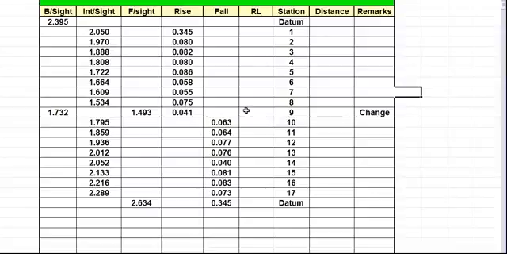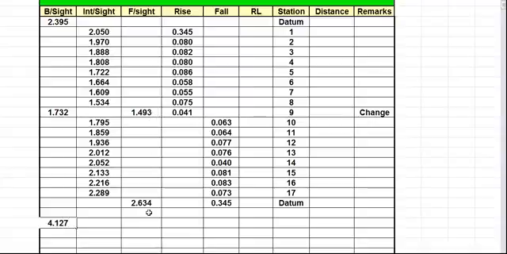Okay, so there's all our initial working out done. So we know which ones are rising, which ones are falling. Now we can do a quick check just to make sure we're on the right track. So first two checks we can do, we can add these two up. So 2.395 plus 1.732 gives us 4.127.